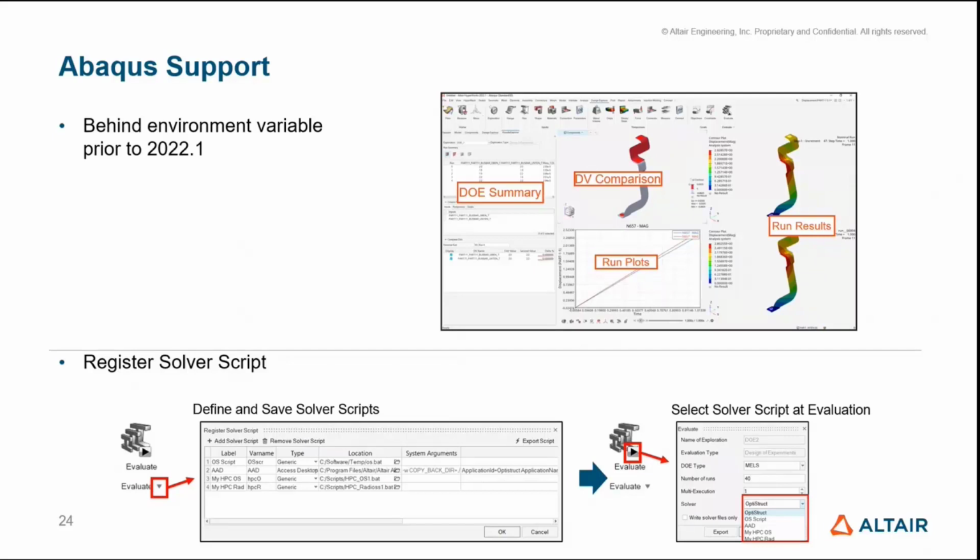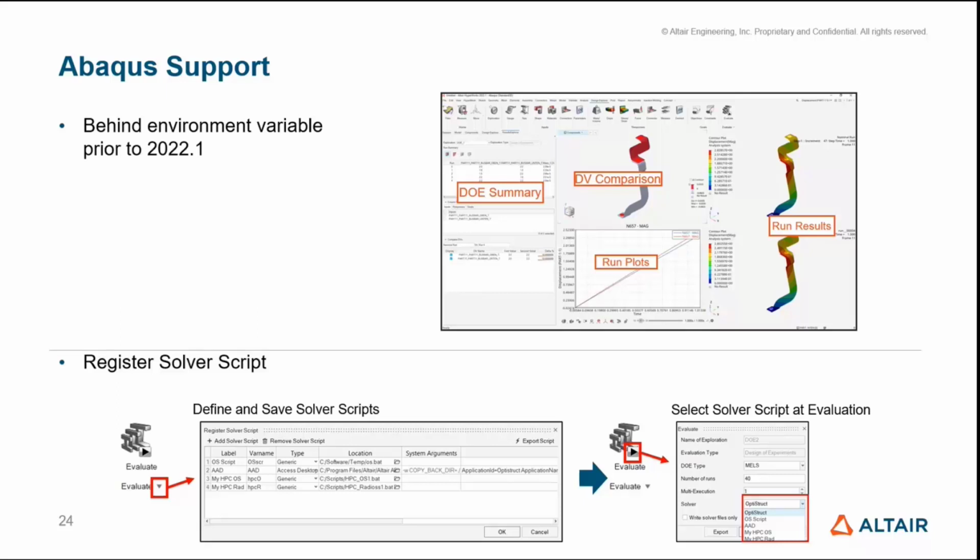The bottom portion of this slide is really just a reminder that we support OptiStruct and Radioss very easily and seamlessly out of the box, using the locally installed solvers with the installation. But to use Abacus and LS-DYNA, or even non-locally installed OptiStruct and Radioss, I just want to remind everyone that the register solver script feature is there.